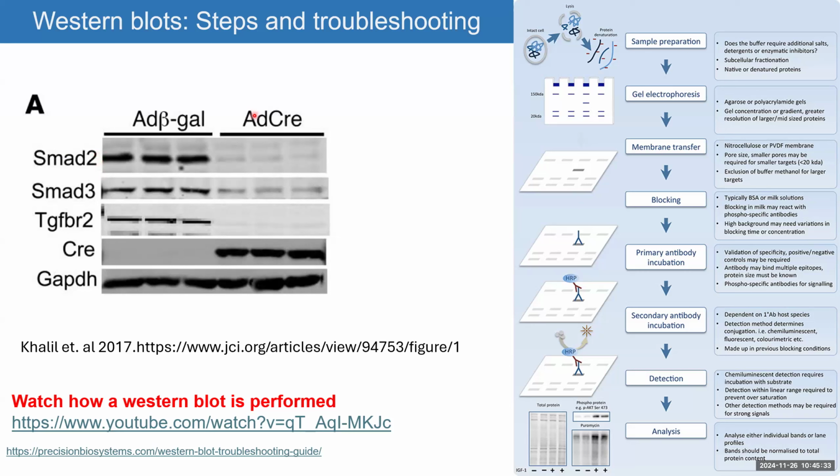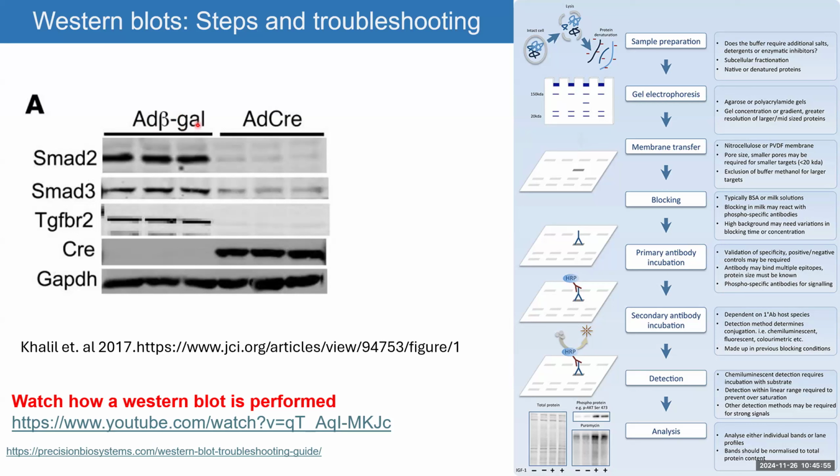So if I express a CRE in cells, I should delete SMAD2. And that's exactly what you see. So if the CRE is expressed, you can see here in these three conditions, there is a CRE that is expressed, and there's no CRE in these three conditions here. I just used a virus that doesn't produce CRE.